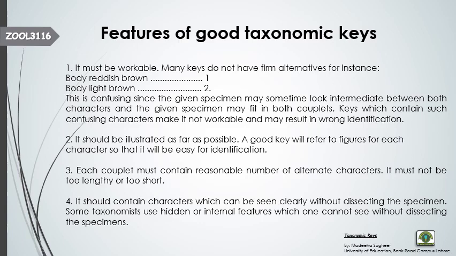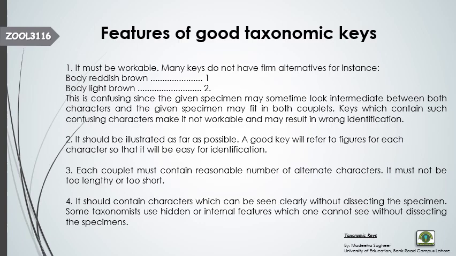Now, if the body color is something in between reddish brown and light brown, then what do we have to do? To look at the intermediate between both characters, we need to fit our specimen to some couplet. So the choices should be given in such a way that we can fit our specimen into that key.